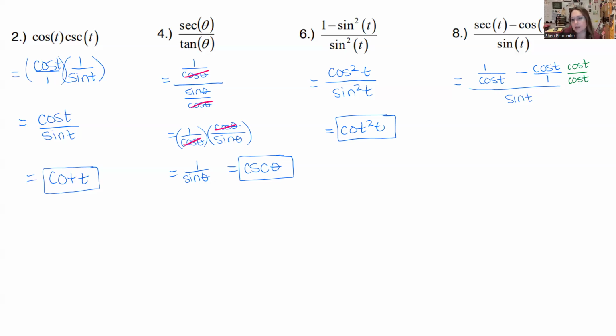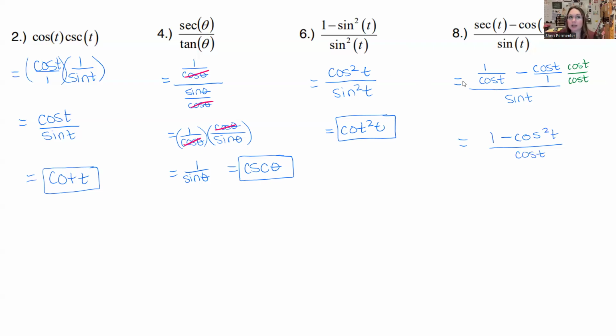And so what I end up with, and I'll be able to combine them at that point. What's cosine times cosine? How many do I have? Cosine squared. So in the numerator, I'll have 1 minus cosine squared all over cosine.